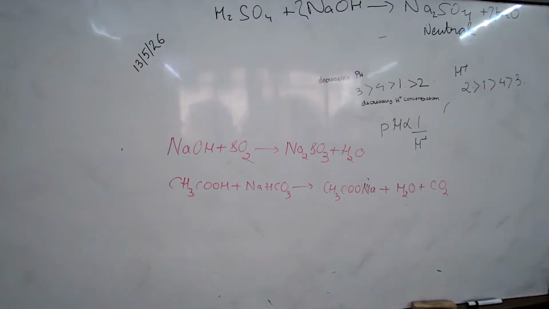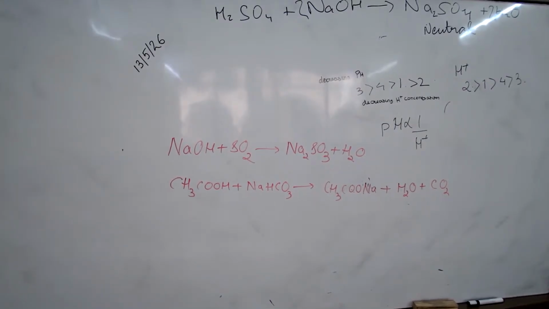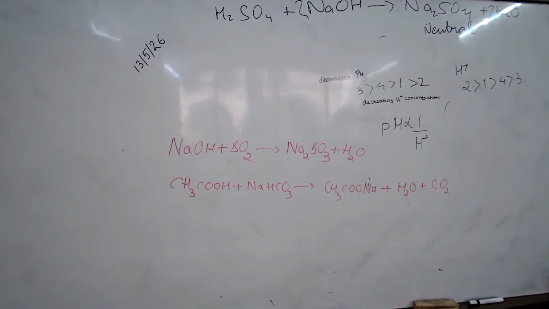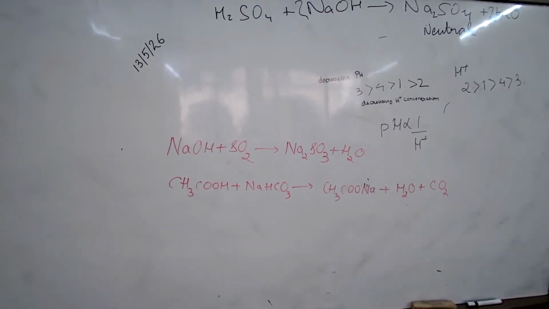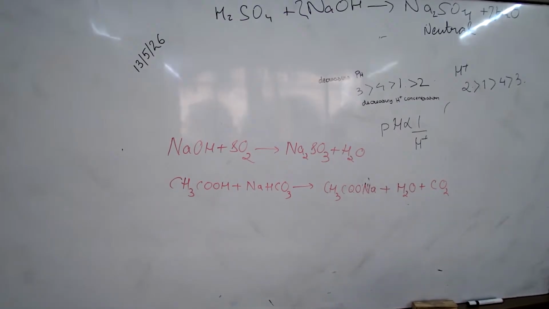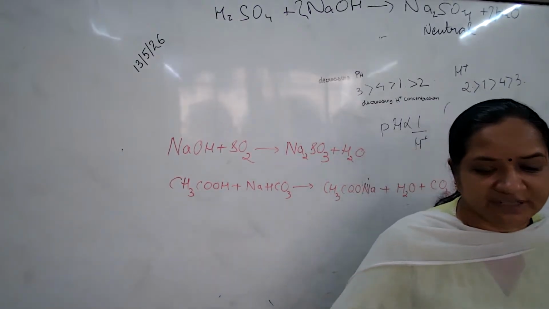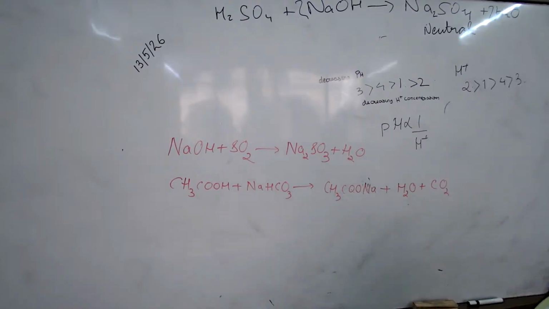Vinegar is dilute acetic acid. Out of dilute HCl and concentrated acetic acid, which is a weak electrolyte? Acetic acid. Why? It is concentrated.